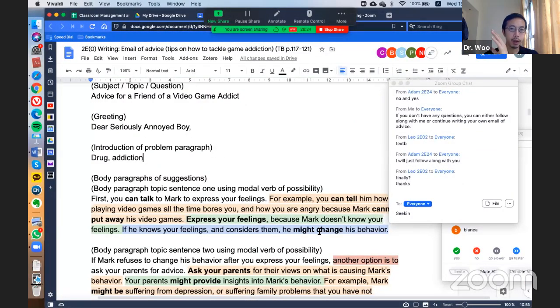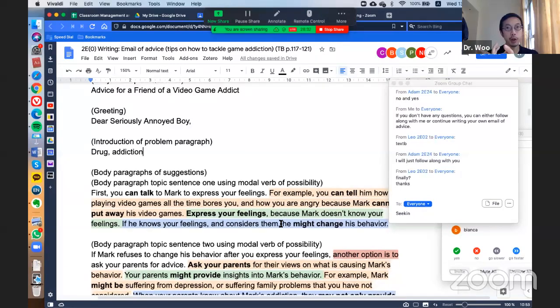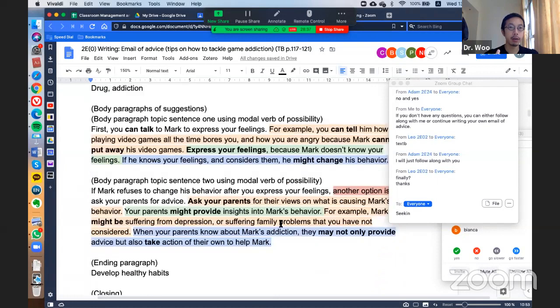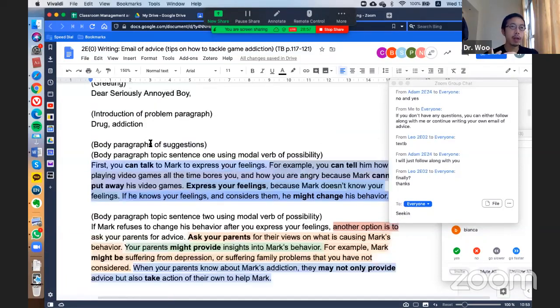And I don't want to write too many sentences, maybe at most 3. Again, an introductory paragraph should be shorter than the body paragraphs. The usefulness of a letter of advice is the suggestions, not the summary of the problem. So if I wrote, let's say 1, 2, 3, 4 sentences here, and 1, 2, 3, 4, 5 sentences here, I should write at most maybe 3 sentences here.